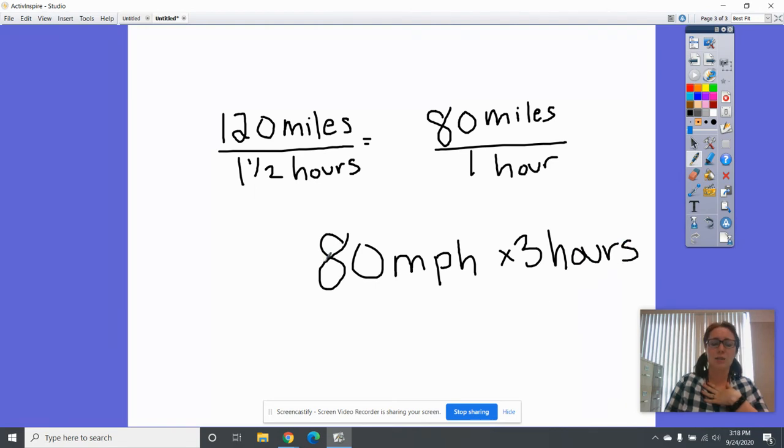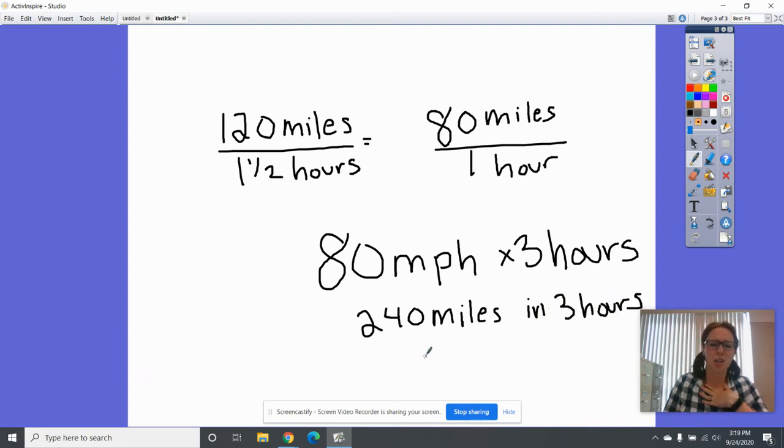Because then I do 80 times 3, which is 240. And I can say I will go 240 miles in 3 hours. I could even write that as a rate, not a unit rate, 240 miles in 3 hours.